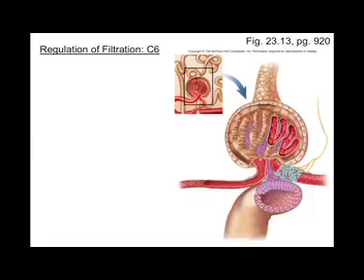And then we also have, and we talked about this before, the renin-angiotensin system, which plays a role in filtration regulation. And I'm going to address that separately in a little more detail, or really review it with you, because we talked about it before in chapter 20. So this is how filtration is regulated.